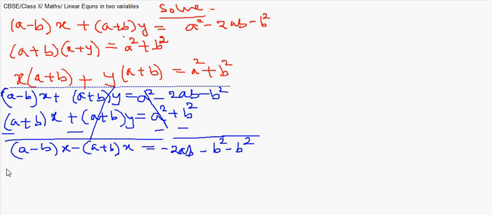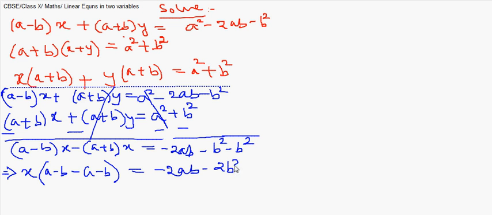Let us take x common out of these two, we'll be left with a minus b minus a minus b after removing the bracket, and thereby making this minus 2b square.